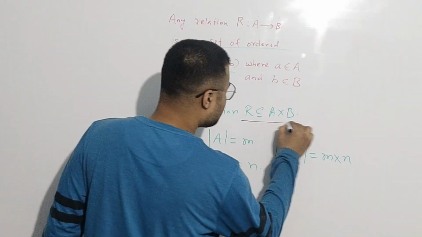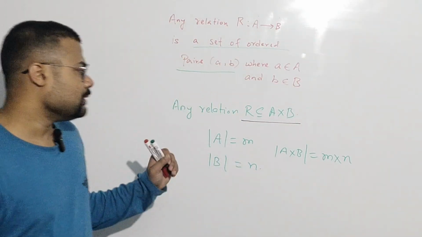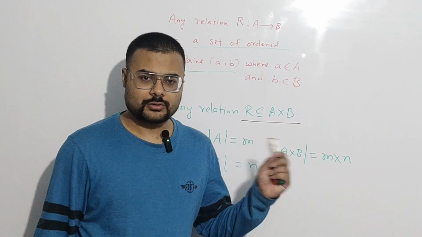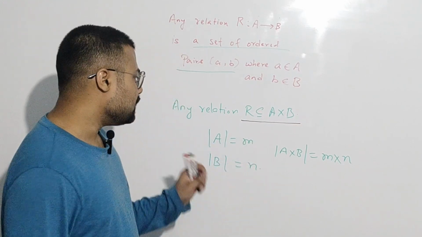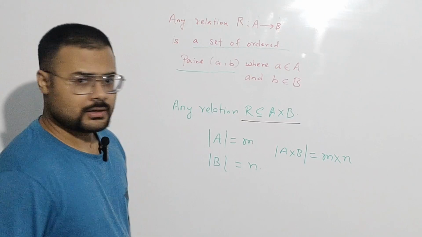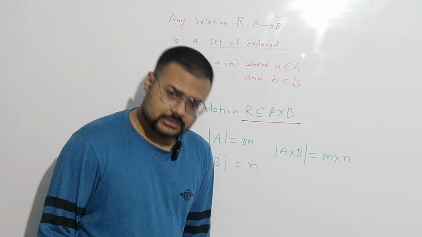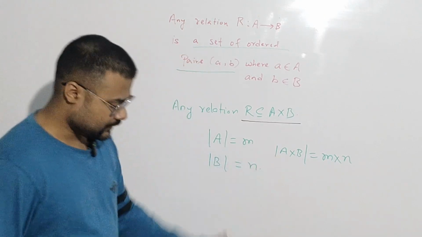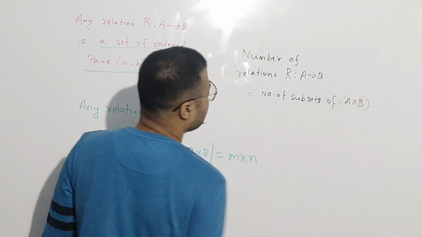If a relation is a subset of A cross B, it means the number of relations possible from A to B is equal to the number of elements in the power set of A cross B, the number of subsets of A cross B, right?